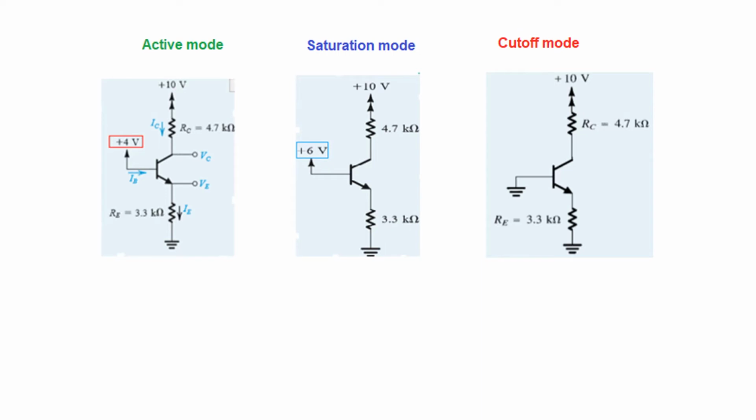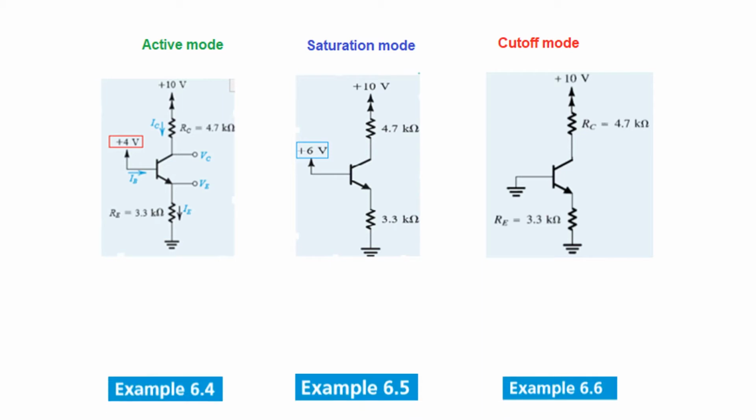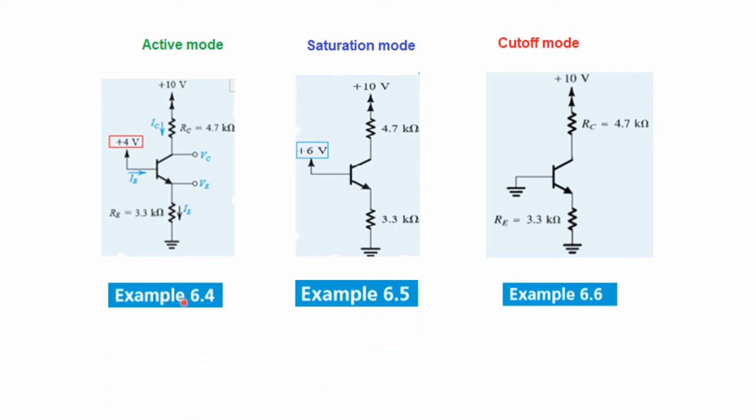So we'll see that this will be the active mode scenario, this will be the saturation mode scenario, and this will be the cutoff mode scenario. So we'll do all these problems. Example 6.4 is for active mode, 6.5 for saturation mode, and 6.6 is for cutoff mode. So just by changing the base voltage, we can move from one mode to another mode.